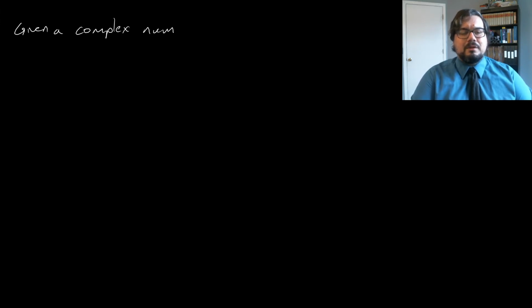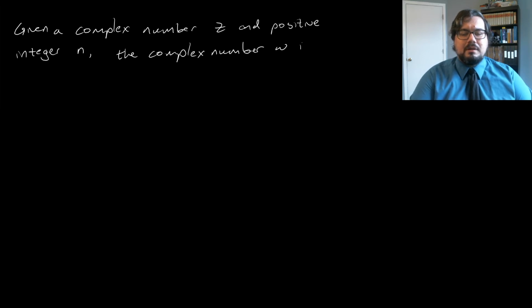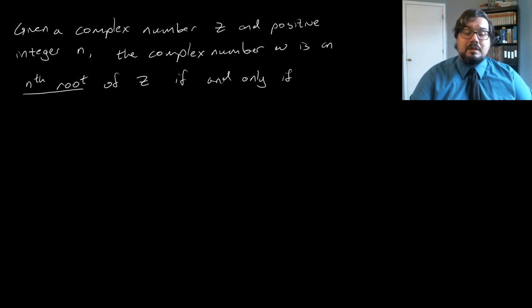Given a complex number z, and we'll work with positive integers, and positive integer n, the complex number w is an nth root of z if and only if w to the n equals z.